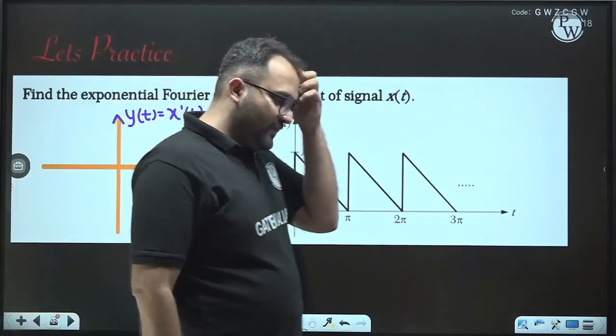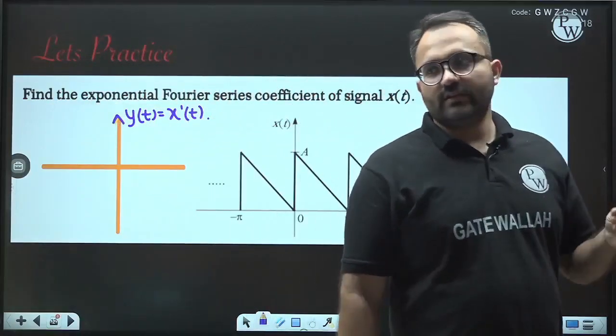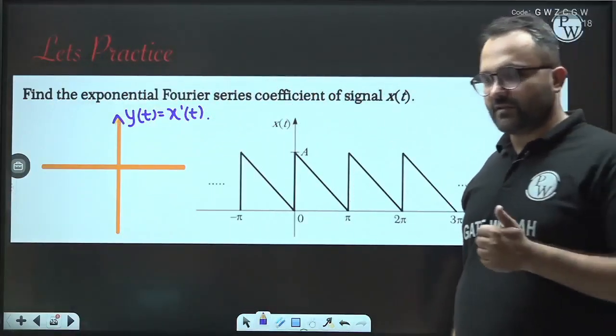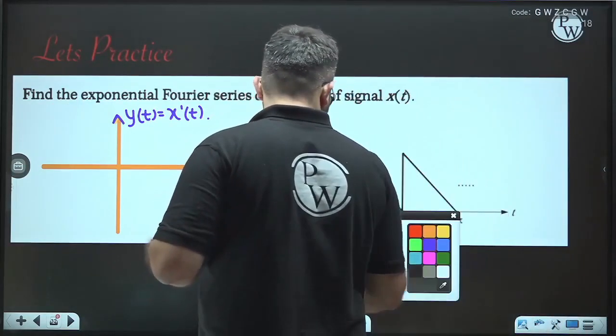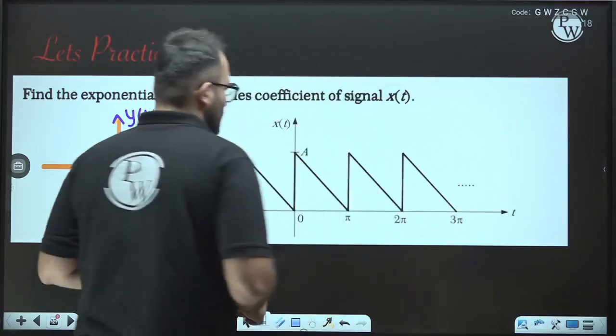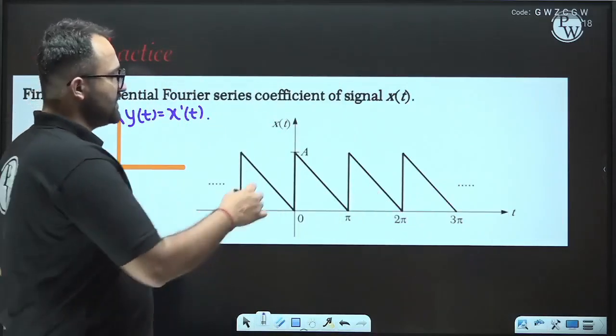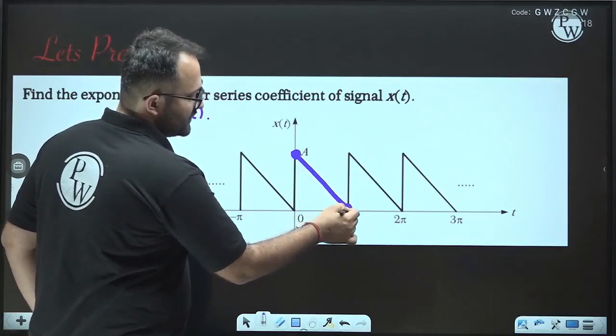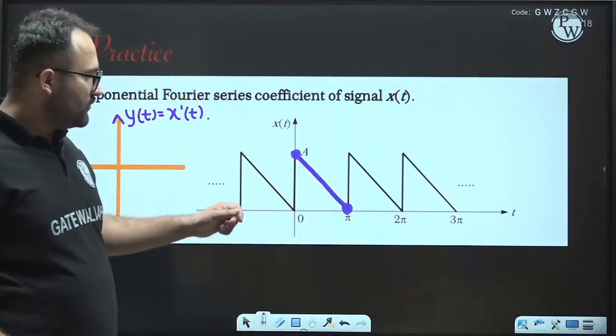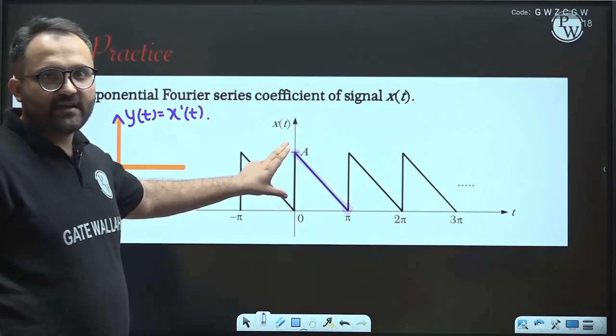I told you wherever there is a jump, we will have a delta in the differentiation signal. So here we can see that in this region, we are going downwards. What is the change in height? Change in height is a.